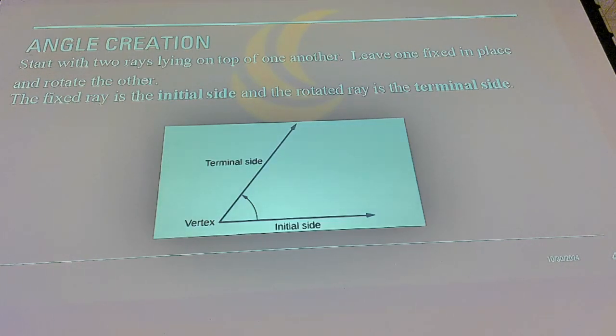So that means that an angle is measuring an amount of rotation. It's measuring the amount of rotation from the initial side to the terminal side.